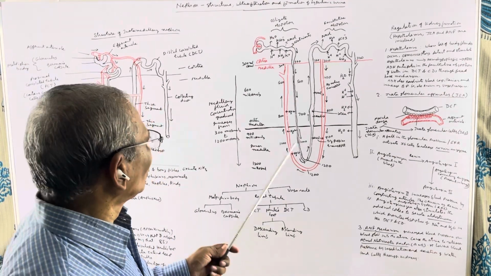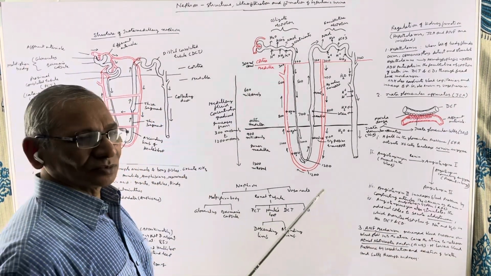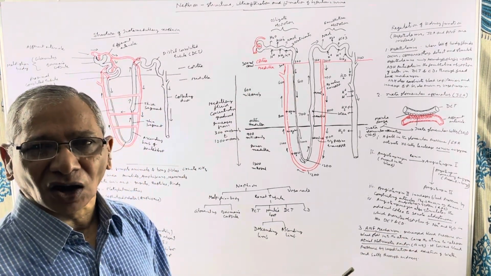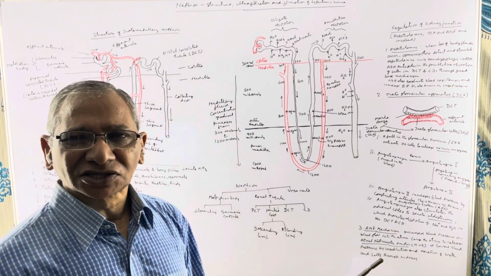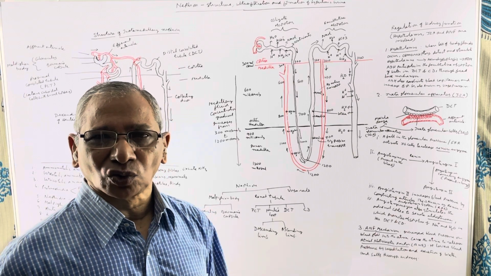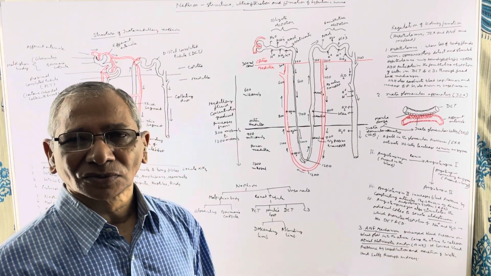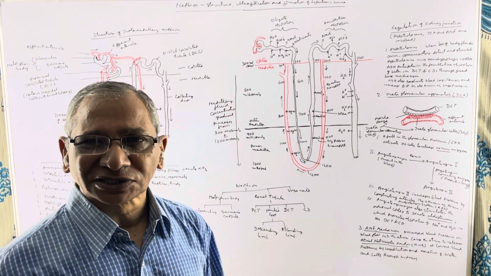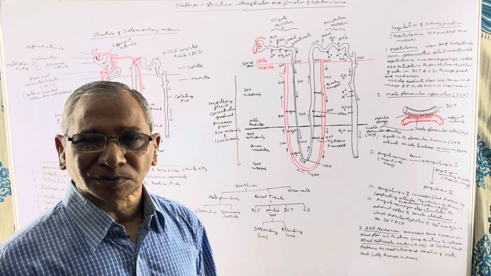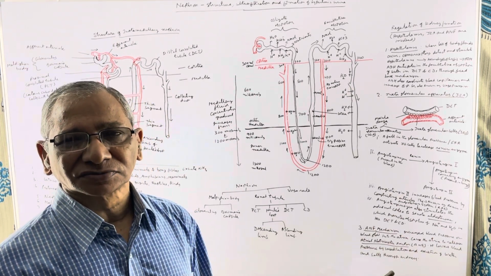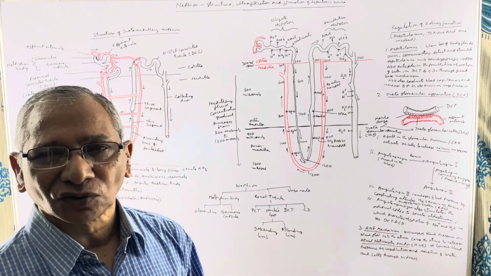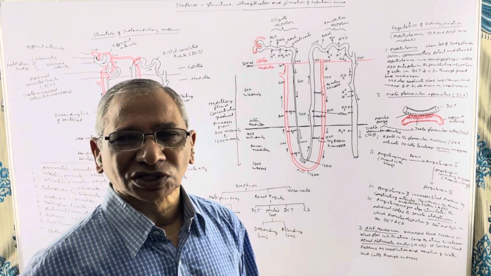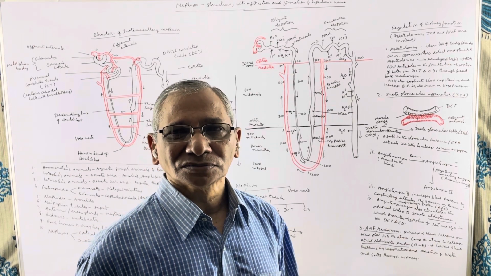One fifth of the blood coming out of the heart is supplied to the kidneys and many thousands of liters of glomerular filtrate are formed. 99% of the glomerular filtrate is absorbed back in the nephrons and only 1% of the glomerular filtrate comes out in the form of urine.